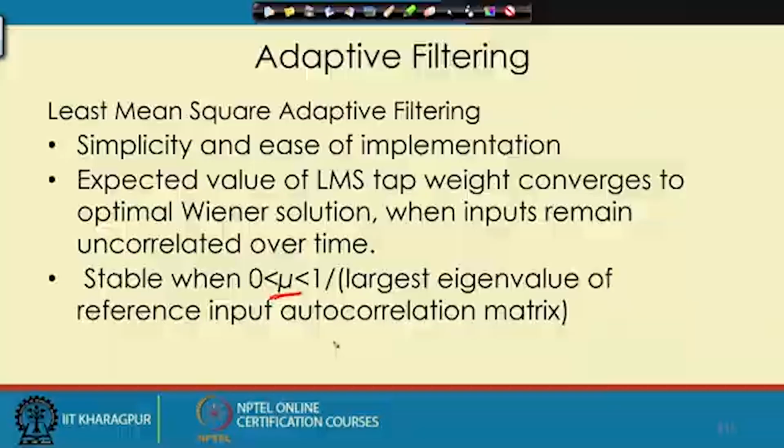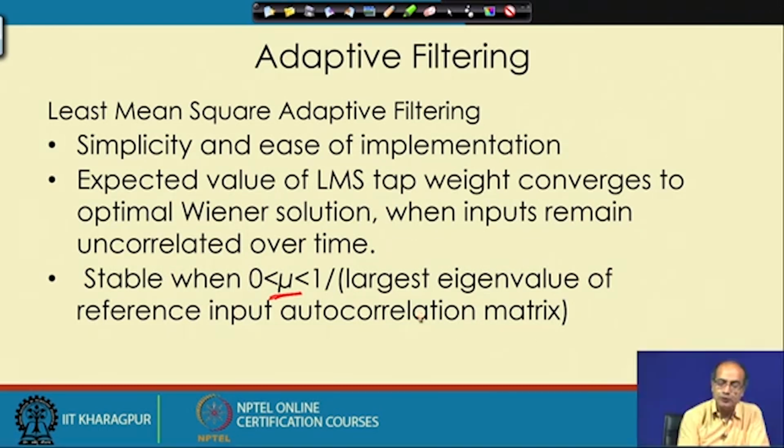It can be shown that it should be less than 1 divided by the largest eigenvalue of the reference input autocorrelation matrix. The reference input R n is an m by 1 vector.